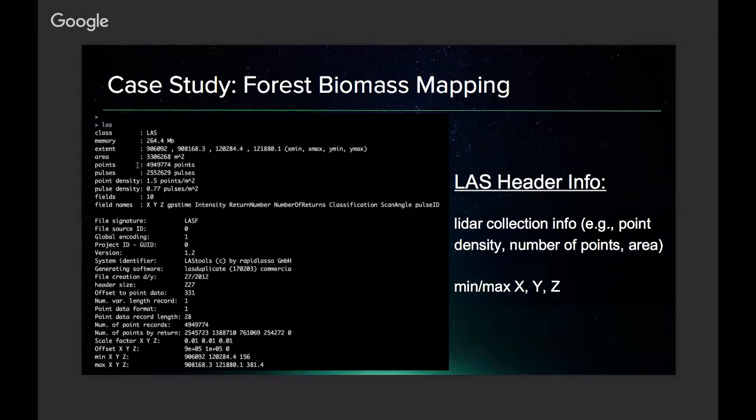Okay, so you're not really meant to read this, but if you haven't worked with Lidar before, the LAS file format comes with a header which gives you information about the point density, the number of points, the area, the extent, your min and max X, Y, and Z, and you lose all of that when you read it in as a text file.